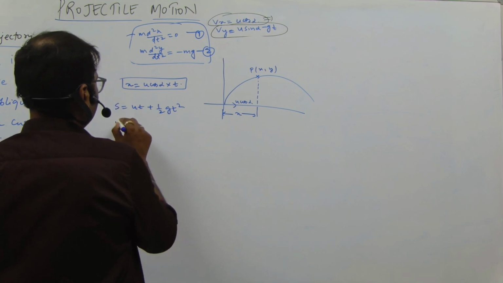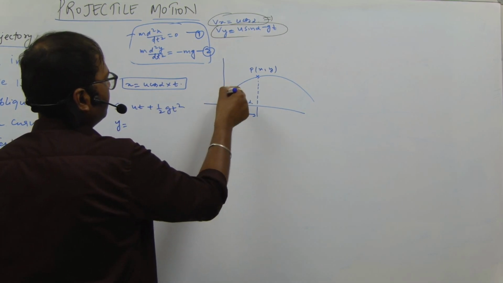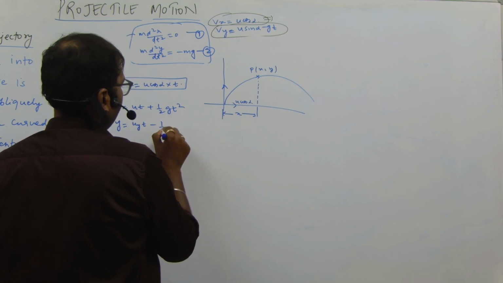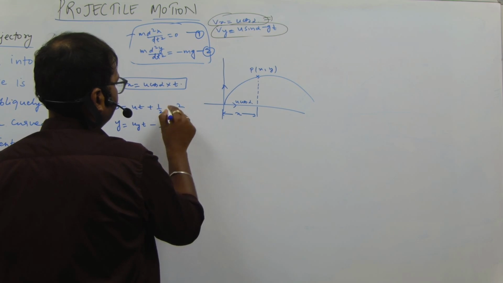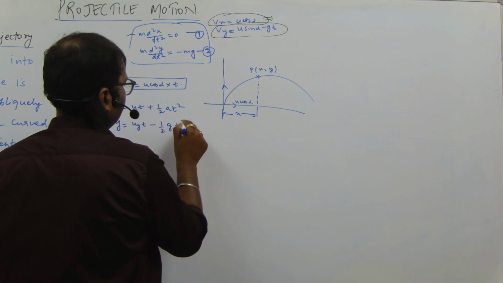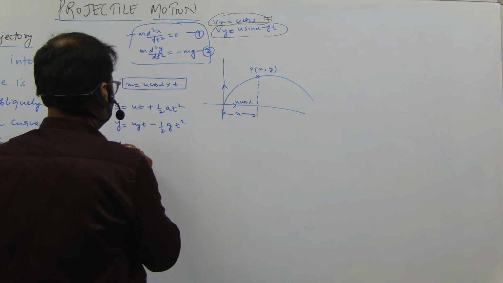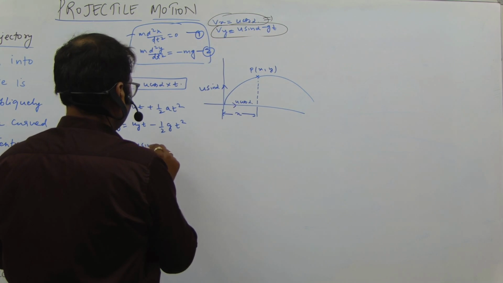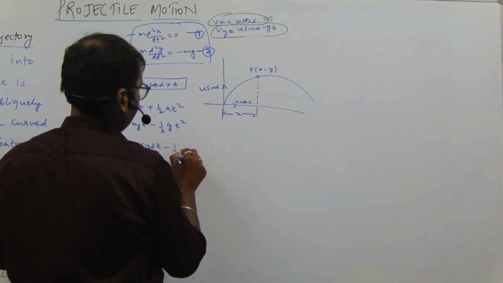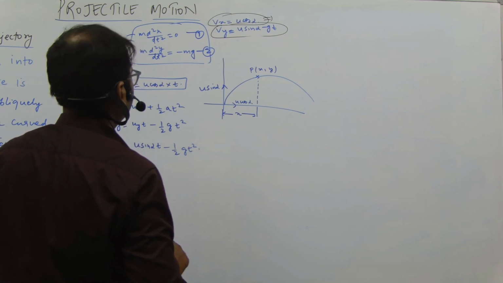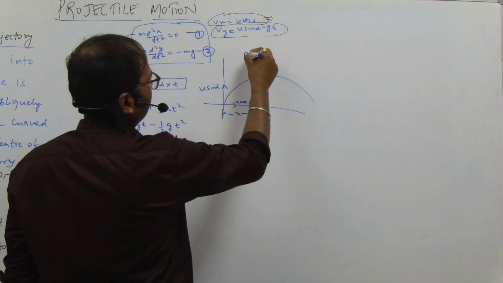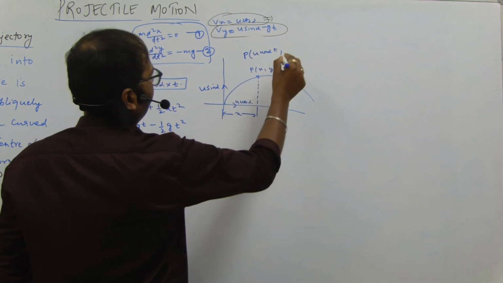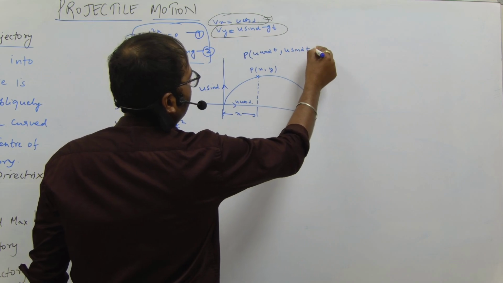So y is equal to the initial velocity along the y direction, uy, into t, minus half gt square. The initial velocity is u sin alpha. So y is equal to u sin alpha into t minus half of gt square. So at any random point we have x equal to u cos alpha into t, and y equal to u sin alpha t minus half gt square.